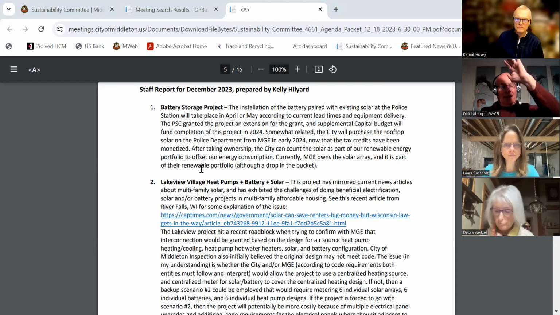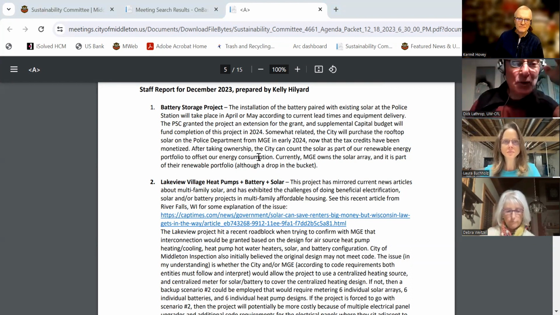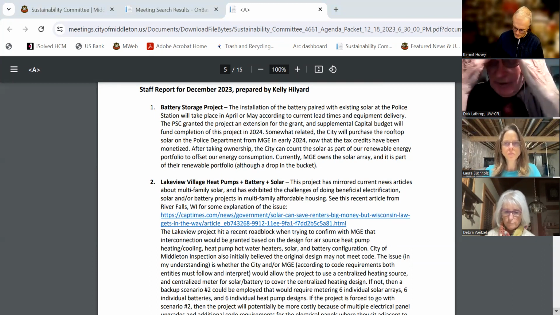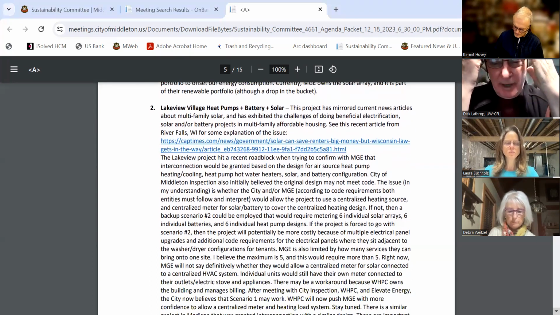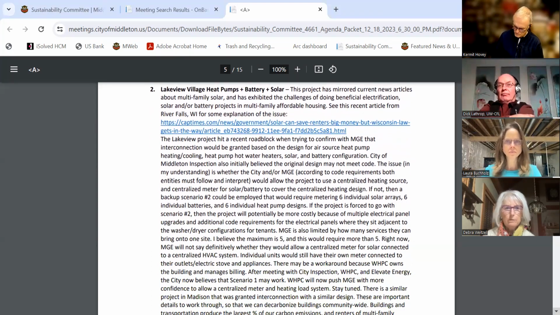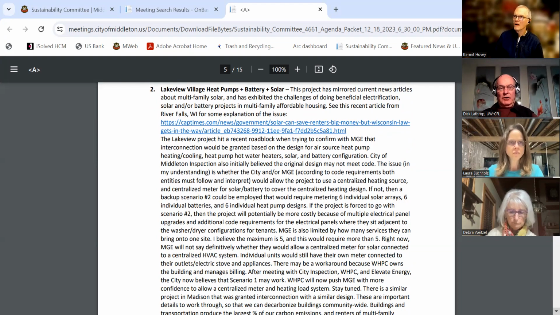Dick? Yes. On number 2, it's interesting that there was a pretty big article in the paper, I don't know, a couple weeks ago, maybe, about the same problem, Kelly, that you identified here, where the utilities do not want one meter basically in an apartment complex, which makes it efficient to then keep track of the energy produced by the solar panels on the roof.